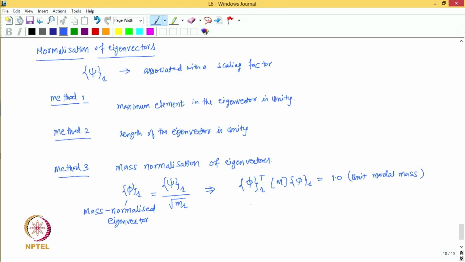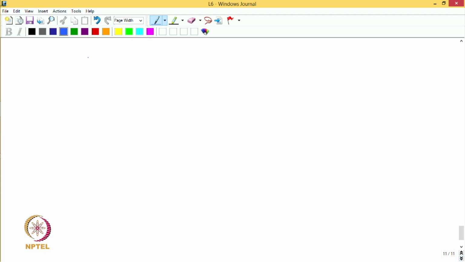And therefore, if we now express the orthogonality property in terms of mass normalized eigenvectors, and define the eigenvector matrix using the mass normalized eigenvectors, then I have the matrix phi.